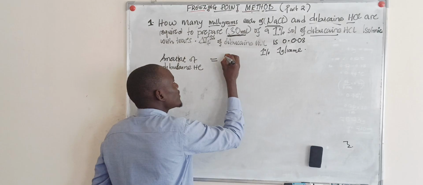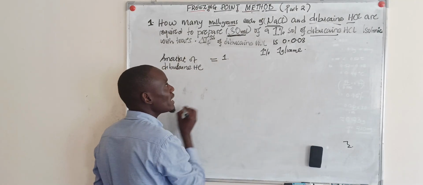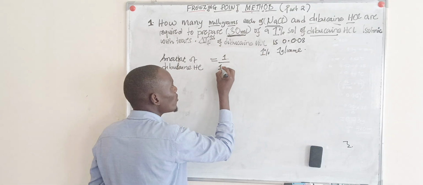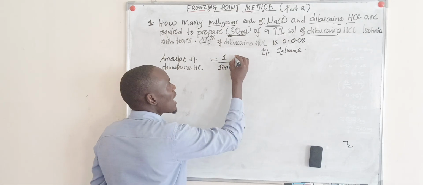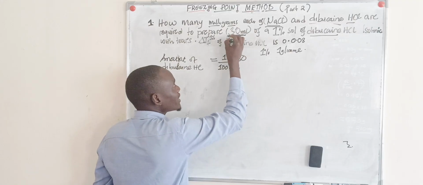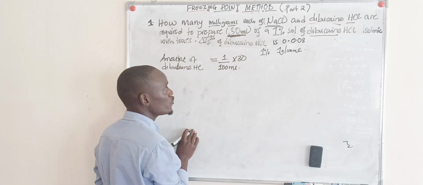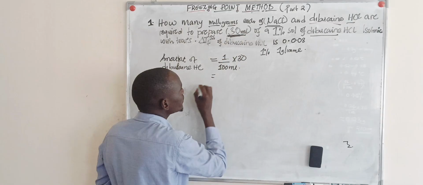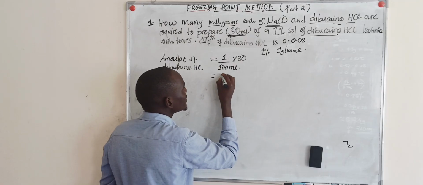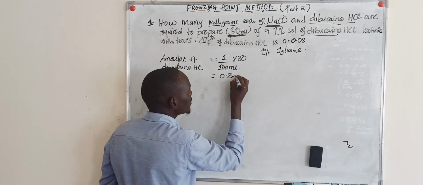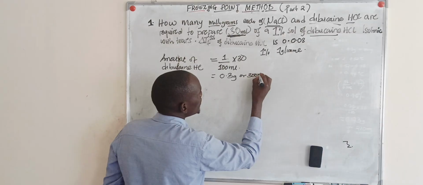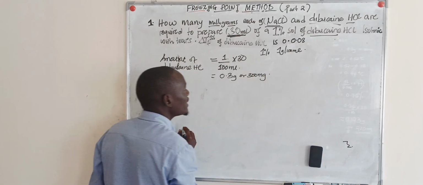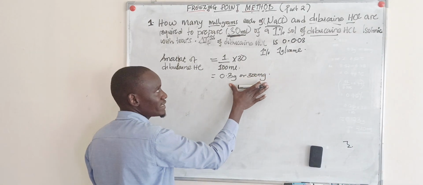So I would say if 1 gram of butyl hydrochloride is in 100 mils of the solution, how about the 30, which is the required volume? When we compute this, we shall get 0.3 grams or 300 milligrams of butyl hydrochloride in this case.